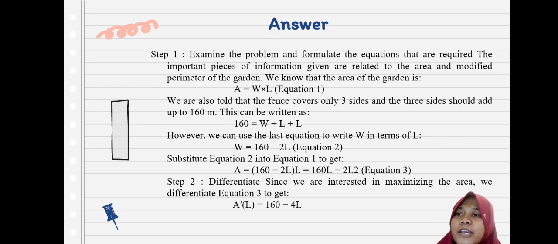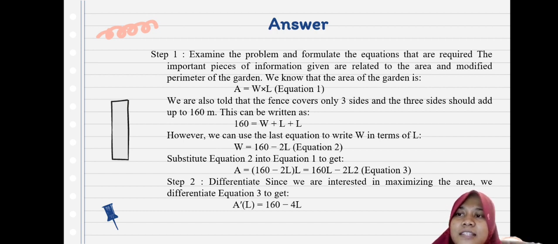Substitute equation 2 into equation 1 to get A equals (160 minus 2 length) multiplied by length, equals 160L minus 2L squared, equation 3.